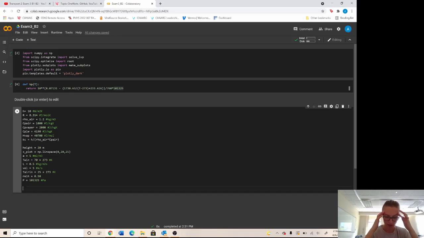So in order to do this, we're going to say that the mole fraction of the air going in, so YA in, is equal to the relative humidity times the vapor pressure at the temperature of the air going in, so T air in, and then that is multiplied by the velocity of the air.